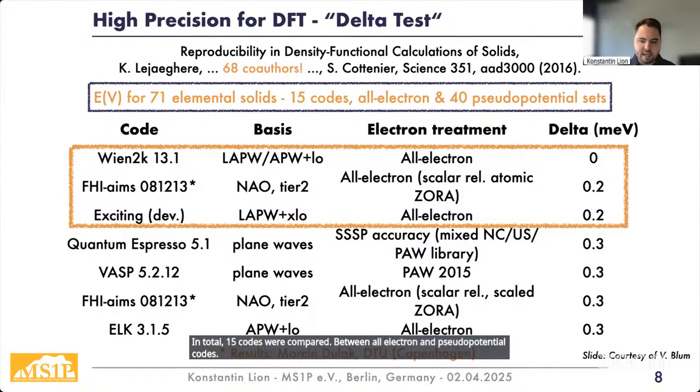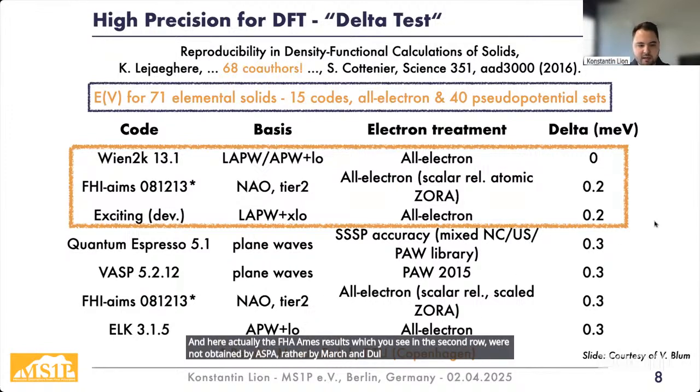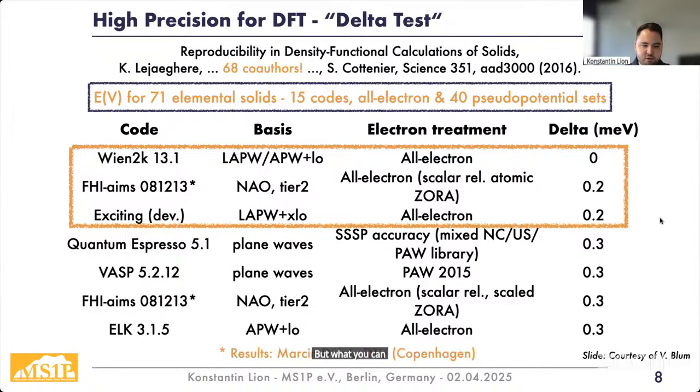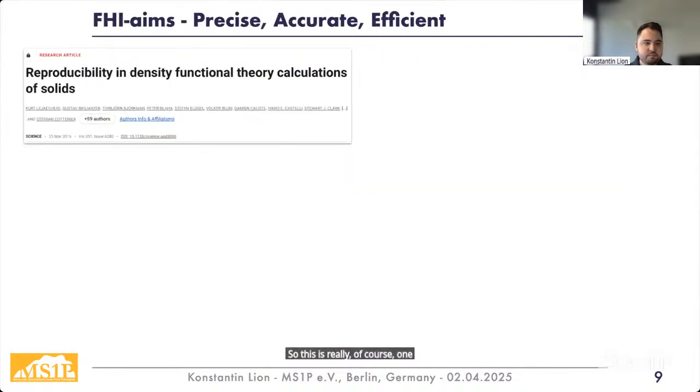And the FHI-aims results, which you see in the second row, were not obtained by us, but rather by Marcin Dulak at the DTU in Copenhagen. But what you can nicely see is that FHI-aims is extremely accurate and on par with all the other all-electron code-based implementations. So this is really one of the main pillars we want to focus on.